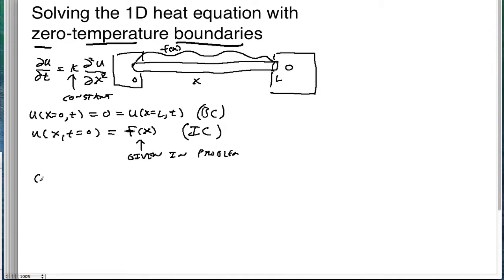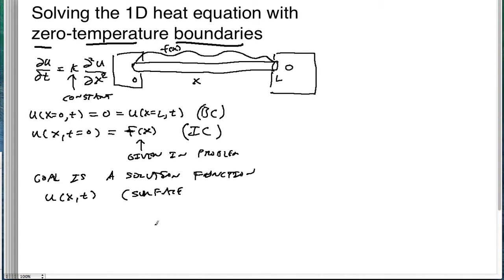So again, our goal is a solution function u of x comma t. If I were to plot this, this will make a surface. That's our 0 to our L, and that's our x space.